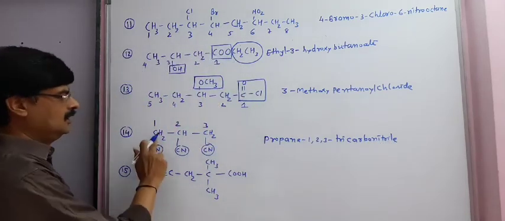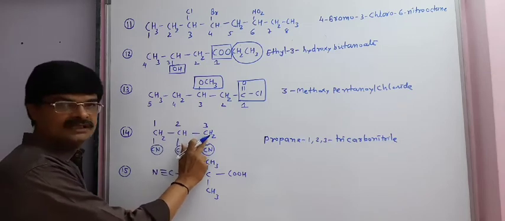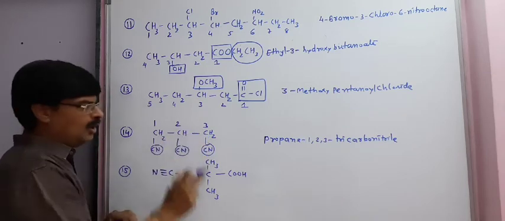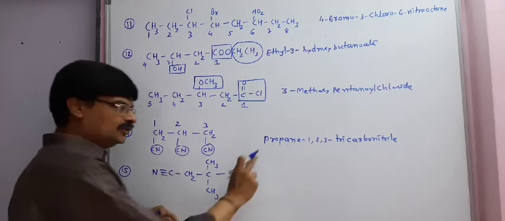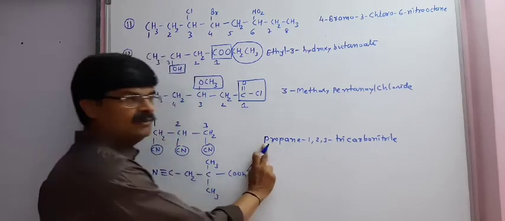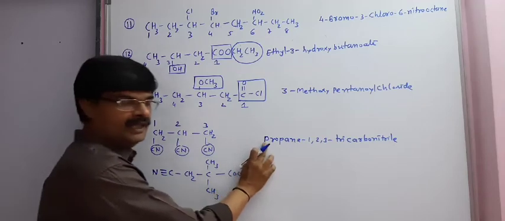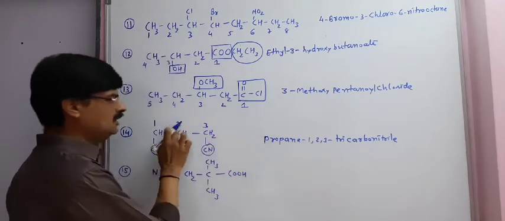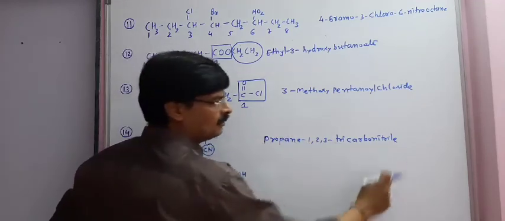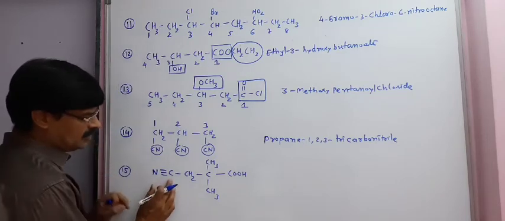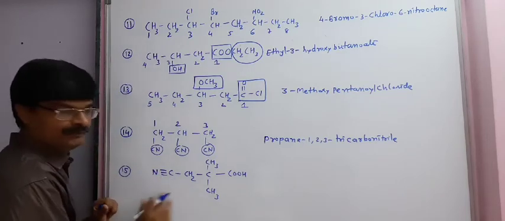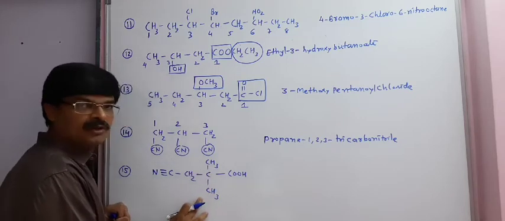Once more, the total number of carbon atoms is 3, that is why propane. On each carbon we have a cyanide group, that is a nitrile group. So the IUPAC name of this compound will be propane 1, 2, 3 tricarbonitrile.